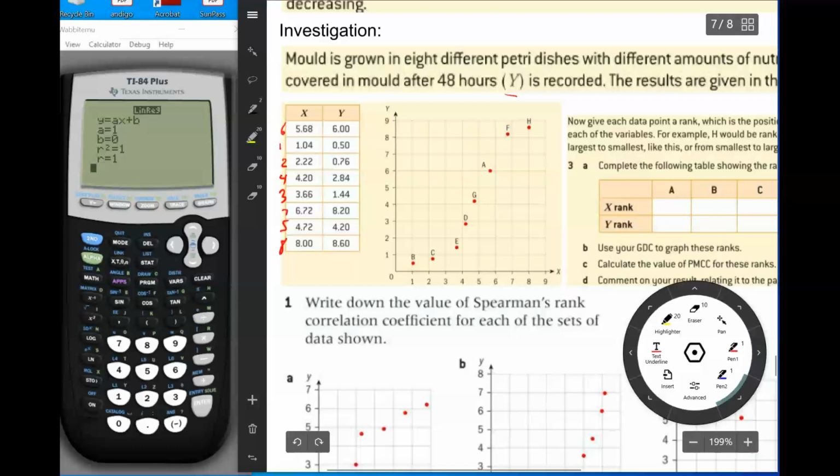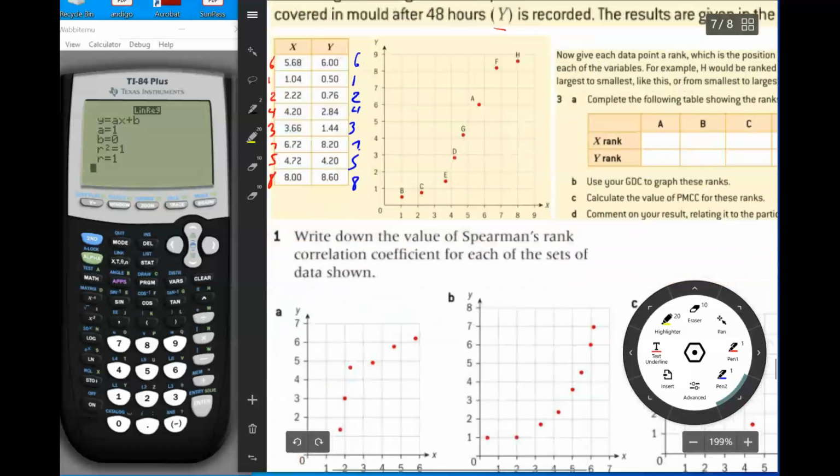And what about the other data, the Y data? So this would be smallest, second smallest, third smallest, fourth, fifth, sixth, seventh, and eighth. And if you're looking at the numbers, you can already see that they match up.